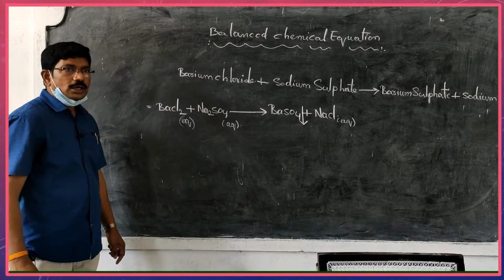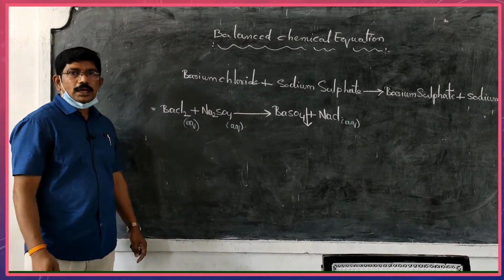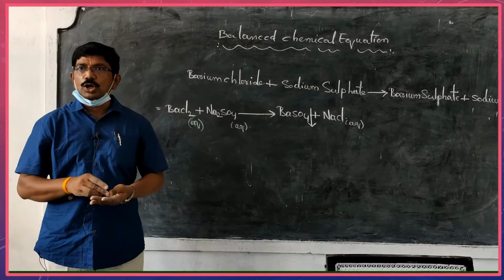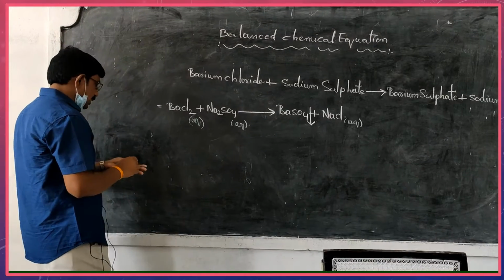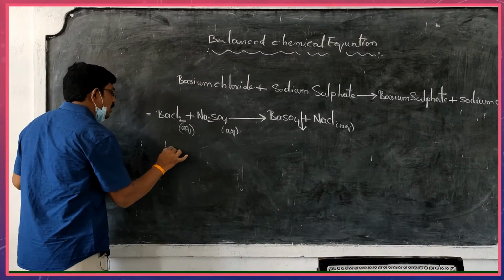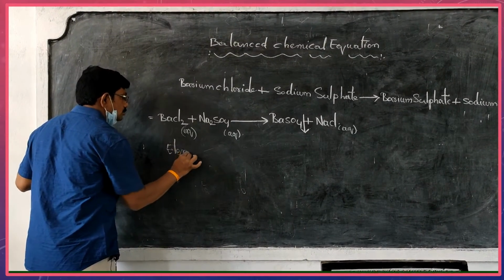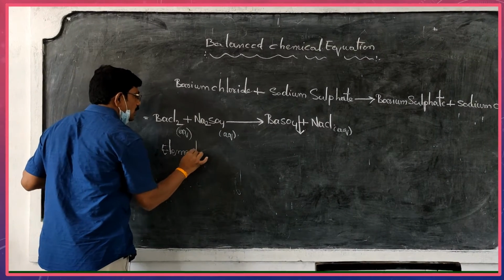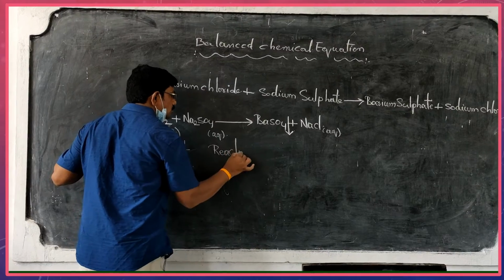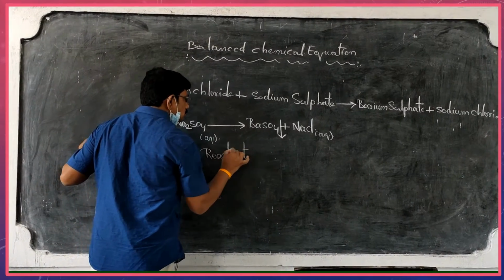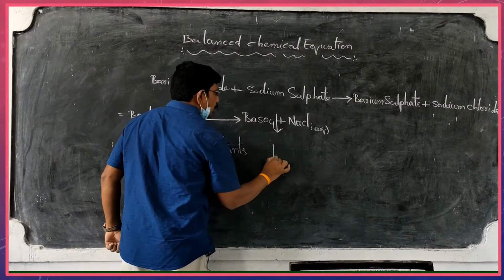Next, sodium sulfate is also aqueous. Are you clear? Now, while balancing, you remember one simple concept: go row by row. Now listen to me. See, write the names of the elements. Next, reactants, and products.